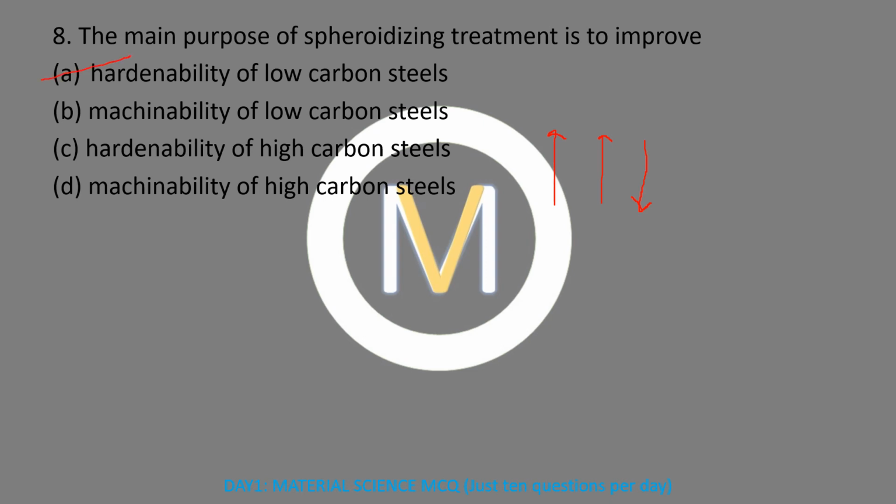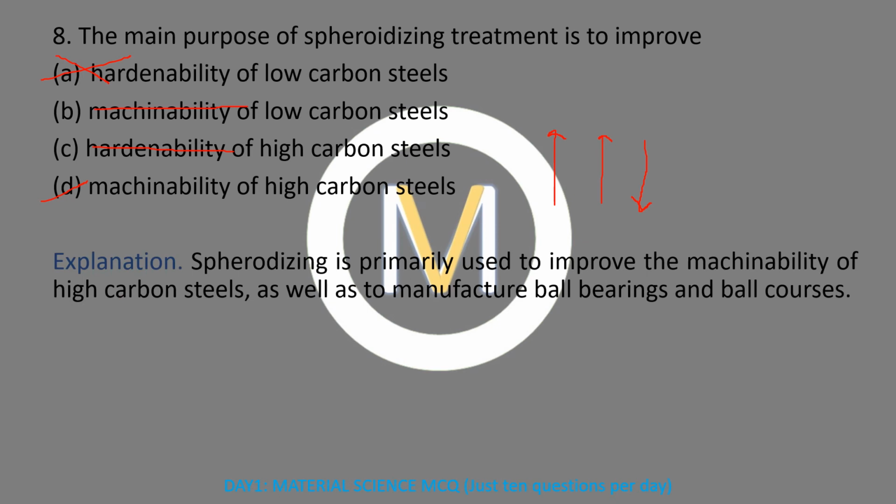This is a true condition. Machinability of the low carbon steel is already good, so we don't require this. Improving the hardenability of high carbon steels, we also don't require, and machinability of the high carbon steels. Then in the earlier question we have seen spheroidite was least hard, so it is not used for hardening. So the only correct option is machinability, and it is used in the manufacture of ball bearings and ball races.